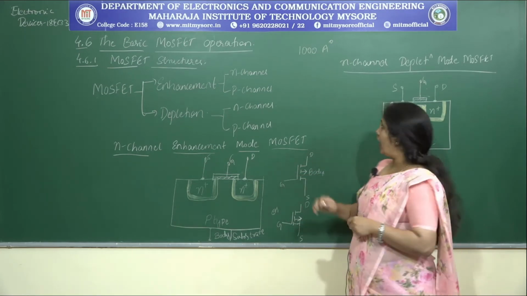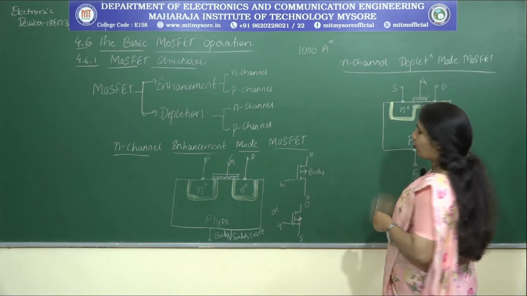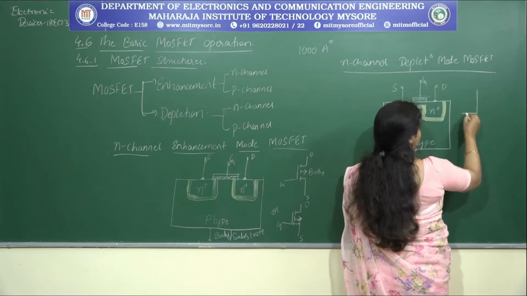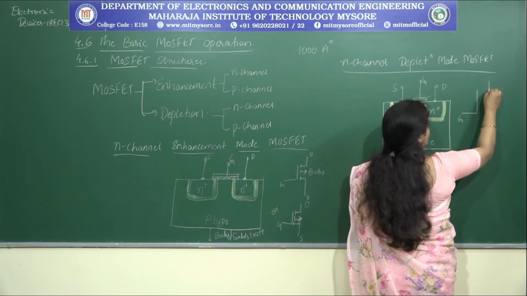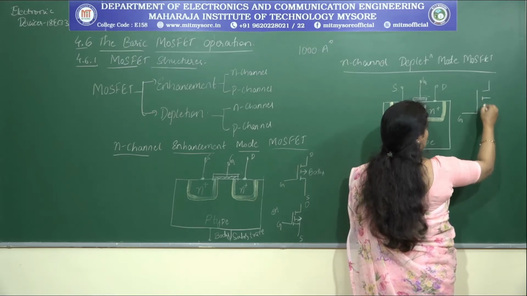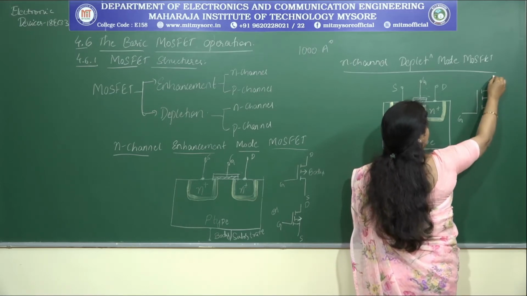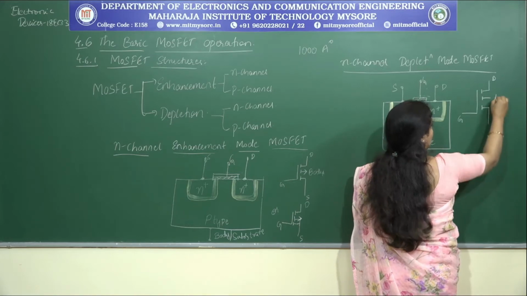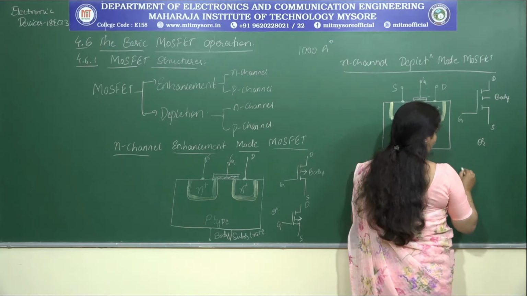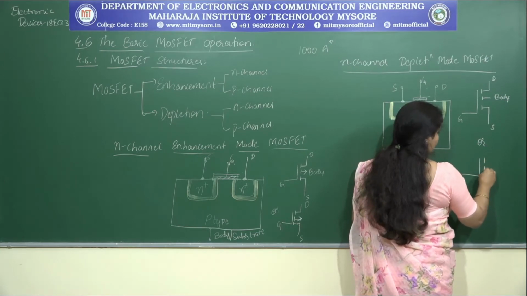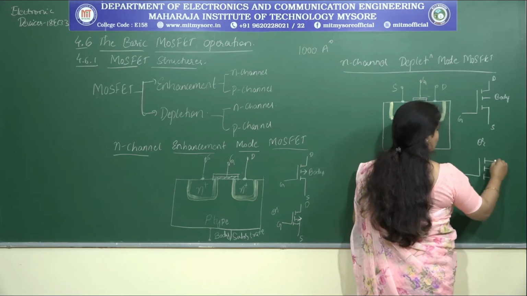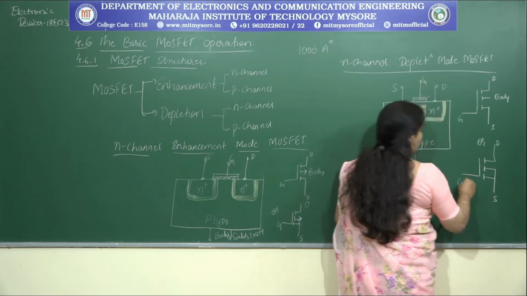Now, let us see how to represent a depletion mode MOSFET. We have a gate terminal, and this is the drain, source and the body. Or, as I told you, another way of writing it is to short both the body and the source to be at the same potential.